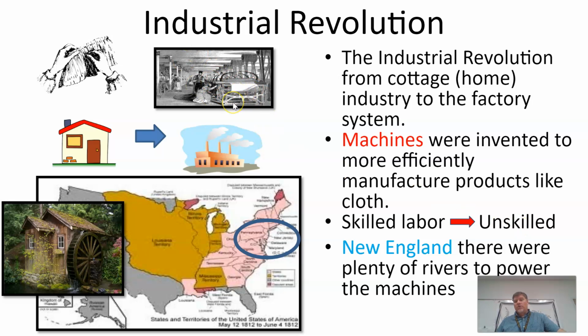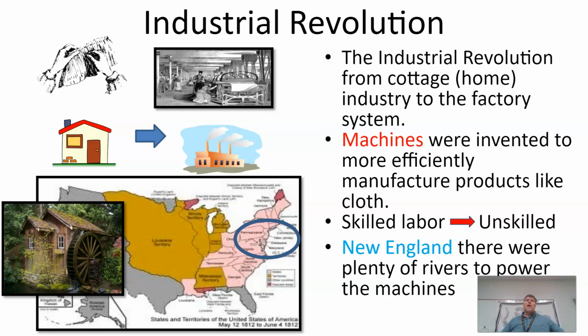You have to be able to keep the machine running, versus knowing how to sew and all the details that have to be done in creating something. And so the Industrial Revolution sees a growth in unskilled labor, but that's also going to lead to making items cheaper. And so the cost of goods goes down, because the cost of labor goes down, because the skill necessary is going down.